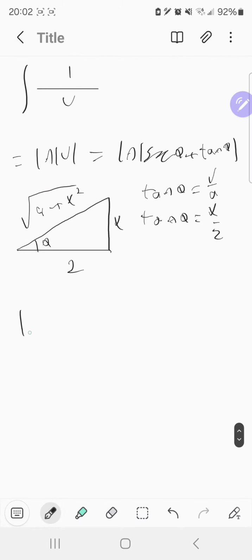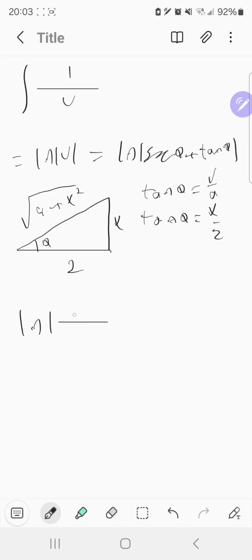Now, secant is 1 over cosine, and cosine would be equal to adjacent over hypotenuse, so 2 over the square root of 4 plus x squared.